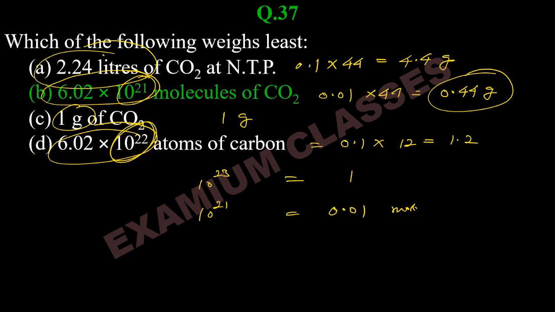So in all these cases, A, B, D parts, you have to convert these given quantities to moles, and mole multiplied by molar mass will give you the mass. If any point is not clear, go through that, or if you can understand that, absolutely fine.